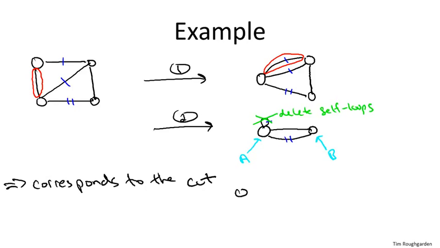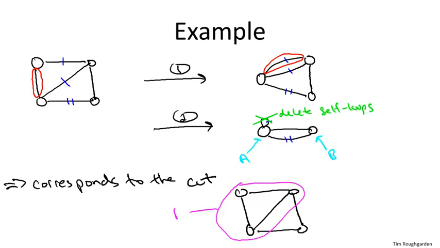So the set A is going to be these 3 nodes here, which all got fused into each other, contracted into each other, and B is going to be this node over here, which never participated in any contractions at all. And what's cool is, you'll notice, this does in fact define a min cut. There are 2 edges crossing this cut. This one, the rightmost one, and the bottommost one. And I'll leave it for you to check that there is no cut in this graph with fewer than 2 crossing edges. So this is in fact a min cut.